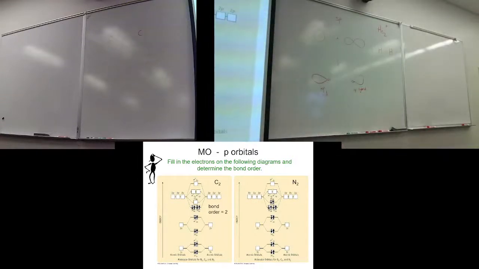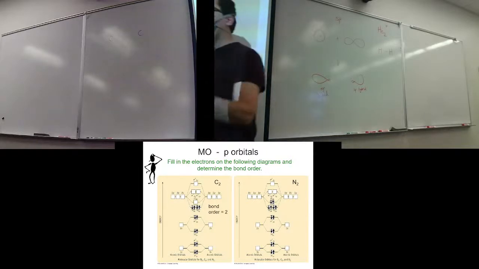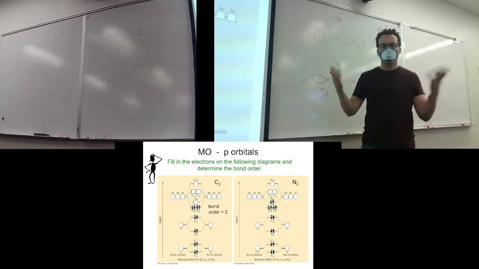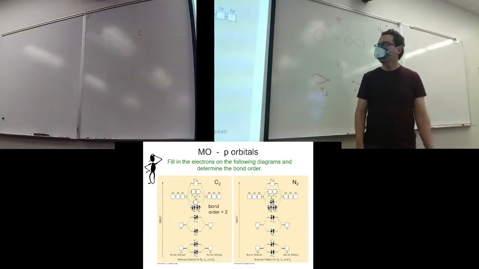Well, I can count electrons in bonding orbitals: 1, 2, 3, 4, 5, 6, 7, 8. Anything without the star is a bonding orbital in this case. And then antibonding orbitals: 1, 2, 3, 4, and that's it. So 8 minus 4 is 4, times a half is 2. So it's got a double bond between the 2 carbons.